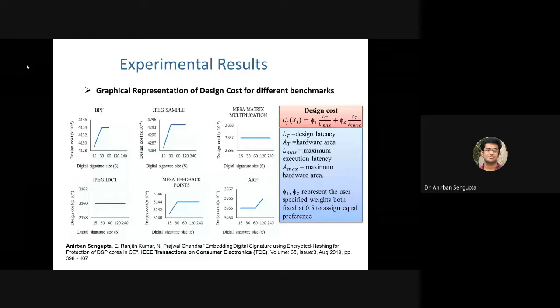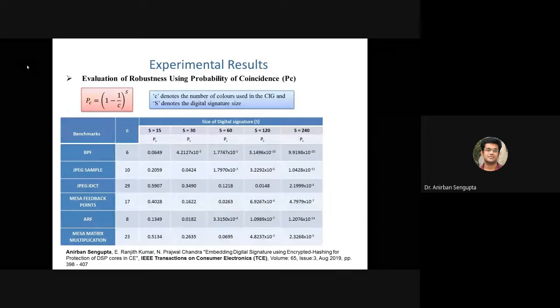And α1 and α2 are the user weighted functions, which are usually fixed to 0.5 to give equal preference or weightage to both normalized latency and normalized area. What we see here is that depending on the size of the signature, usually beyond 15, as the size of the signature grows from 30, 60, 120 to 240, there is not much effect on the hardware cost overhead in terms of normalized latency and area.